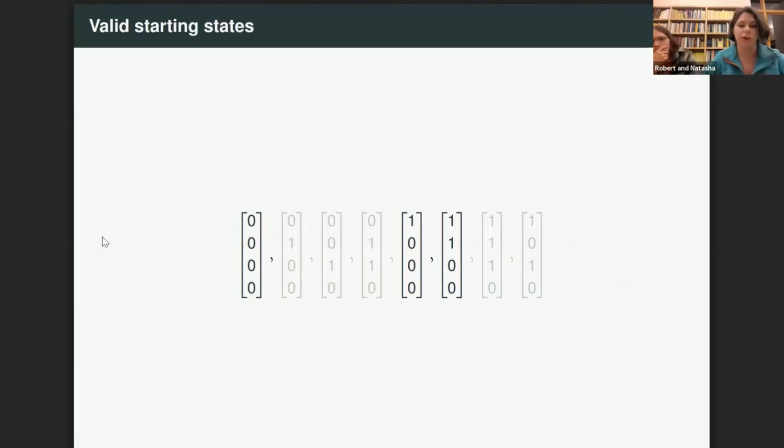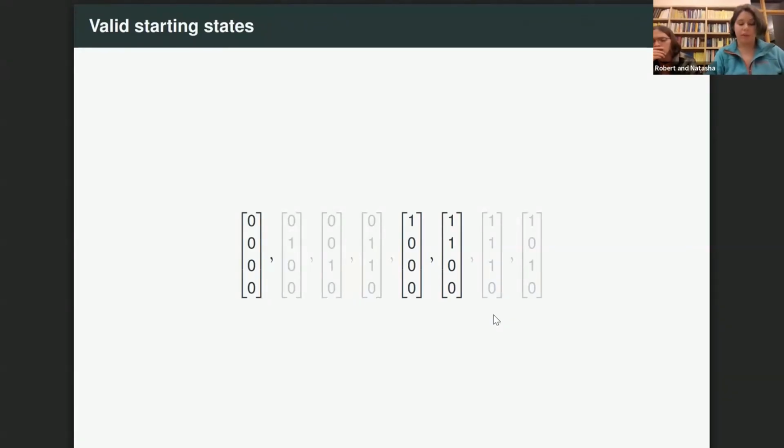You'll notice there's one more grayed out column, 1, 1, 1, 0, and we gray that out and don't allow it for the same reason that in 3 by 2n, we insisted that the leftmost square of the middle row be yellow. We're going to say, well, anything that starts with a column of 1, 1, 1, 0 ends with a column of 1, 0, 0, 0, and so we'll have already counted the reflection of it. So ruling that out, we have 3 starting states.